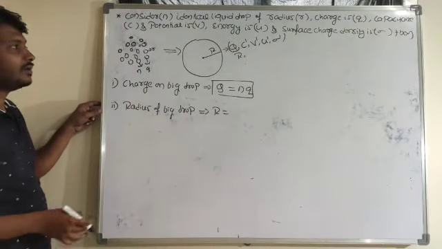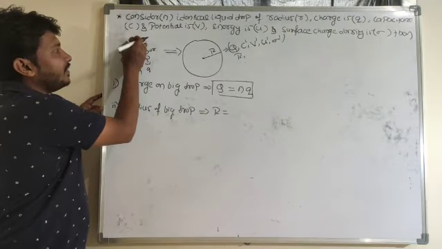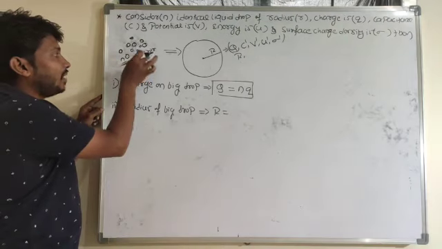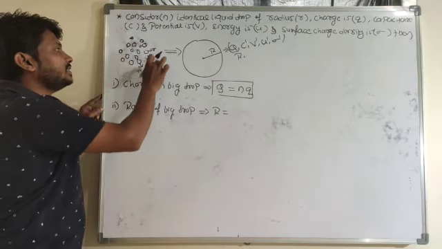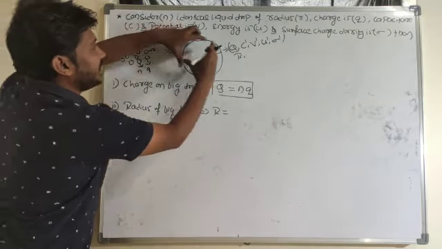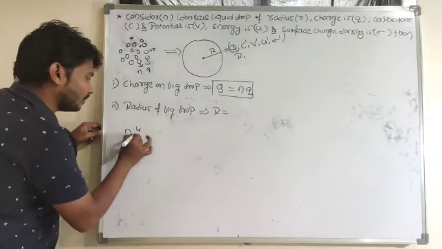So R is equal to what? Here, if I join n number of identical drops, I will get a single drop. Volume of the small drops is equal to volume of the bigger drop, because volume remains the same here. So volume remains the same means n into 4 by 3.